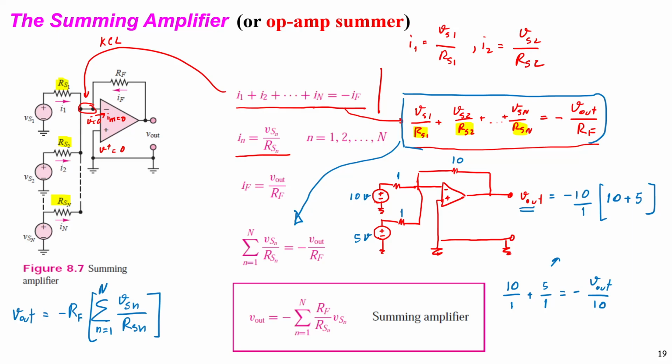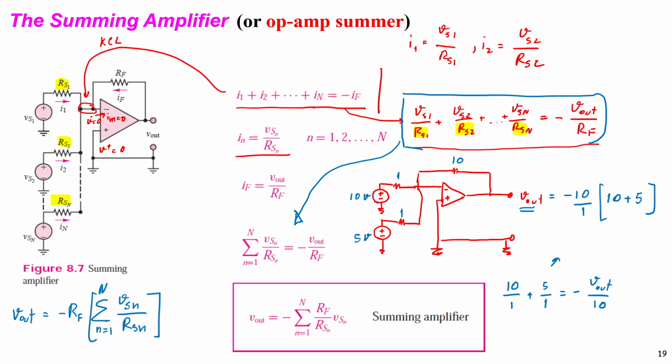Or we can put RF behind the summation also, but RF is constant. These two, Vs and Rsn, will change together. If we select the same input resistance, we get the summing amp.